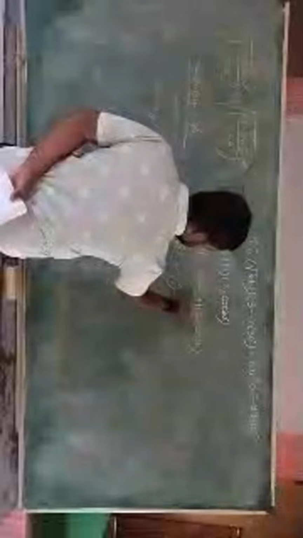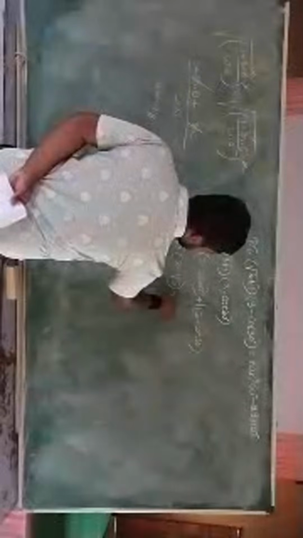Cot 30 is root 3, correct? So cot 30 is root 3. And this one as it is, plus 3 minus cot 30 is root 3. Am I right? 1 into anything is the same number we will get. Root 3 into 3, 3 root 3, minus root 3 into root 3, 3, plus 3 minus root 3. Plus 3 minus 3 cancel.